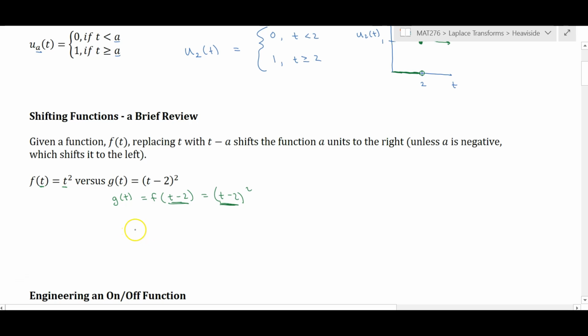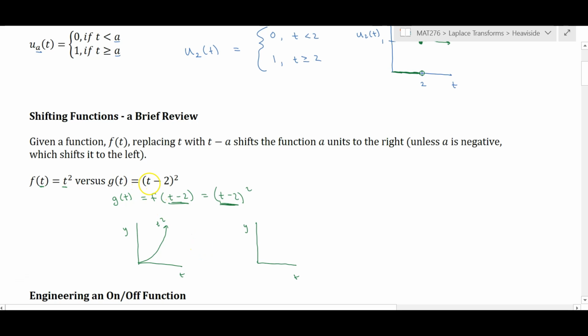Graphically, what this will look like is if you plot y versus t for t squared, you get a parabola. Right? I'll just draw the half of it. This would be the plot of t squared. Now, as far as what does this graph look like if we plotted t minus 2 squared, well, it will shift the entire graph 2 units to the right.